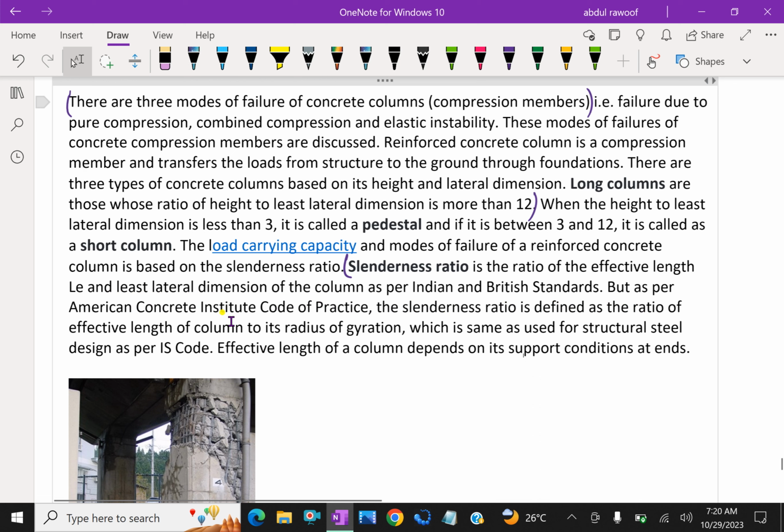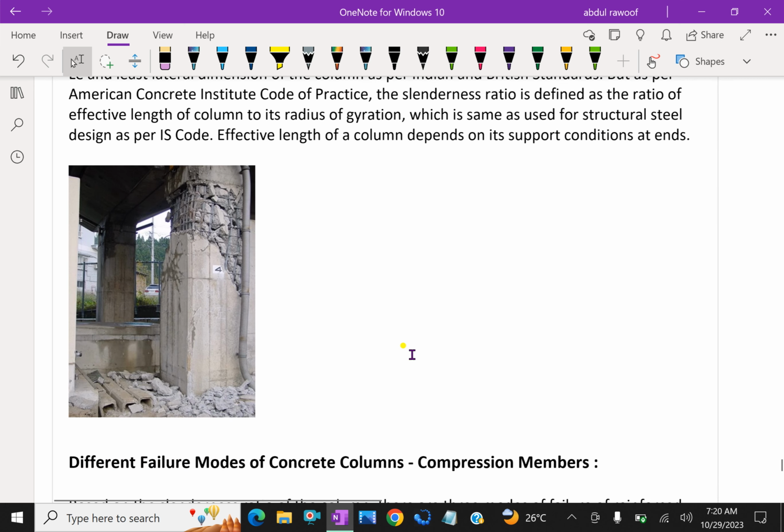As per the American Concrete Institute code, the slenderness ratio is defined as the ratio of effective length of the column to its radius of gyration, which is the same as used for structural steel designed as per IS codes. Effective length of columns depends on the support conditions at the ends. Here, look at this, some failure happens in the concrete column.